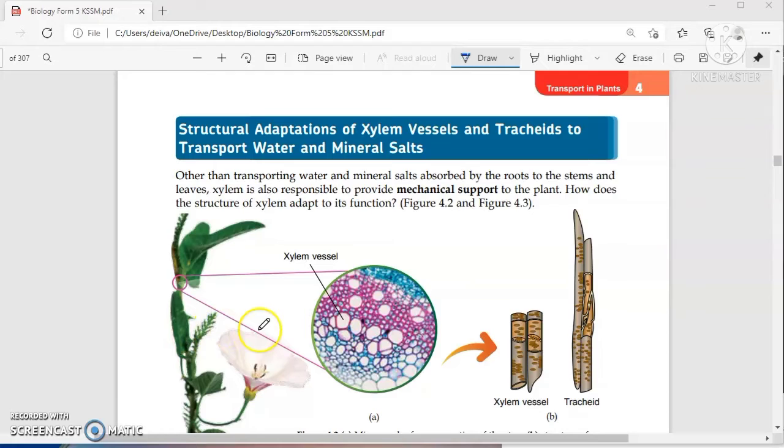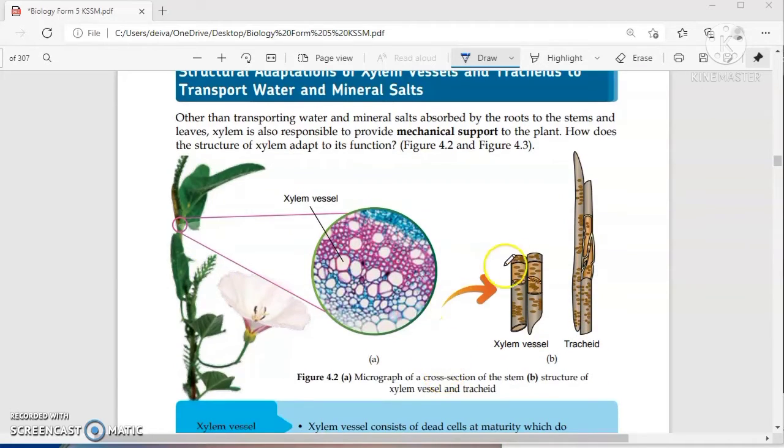Xylem tissue here has two types. One is xylem vessel and another one is the trachea. Two types of xylem tissue: xylem vessel and trachea. Okay, when we see trachea here, the end is sharp.